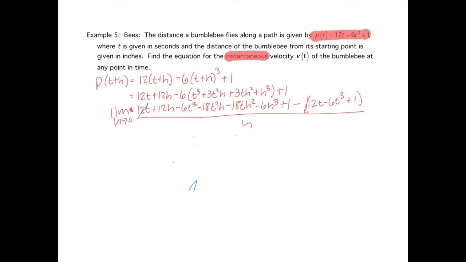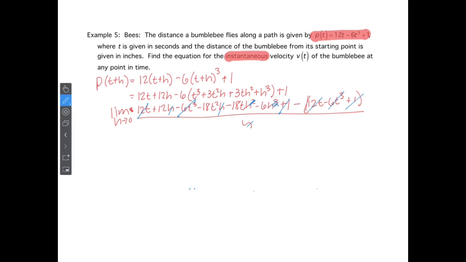So my 12t's are going to cancel, and my 6t cubed is going to cancel, and my 1 is going to cancel, still leaving me with a bunch of stuff. So this h cancels that h, it cancels that h, it cancels one of those h's, and it cancels one of those h's, which leaves me with 2 h's.